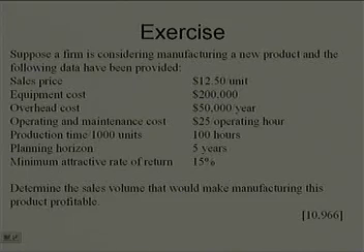Production time per 1000 units is 100 hours. That means if you are producing 1000 units, it is going to consume 100 hours. And the planning horizon is given to be 5 years. That means the analysis period is 5 years.